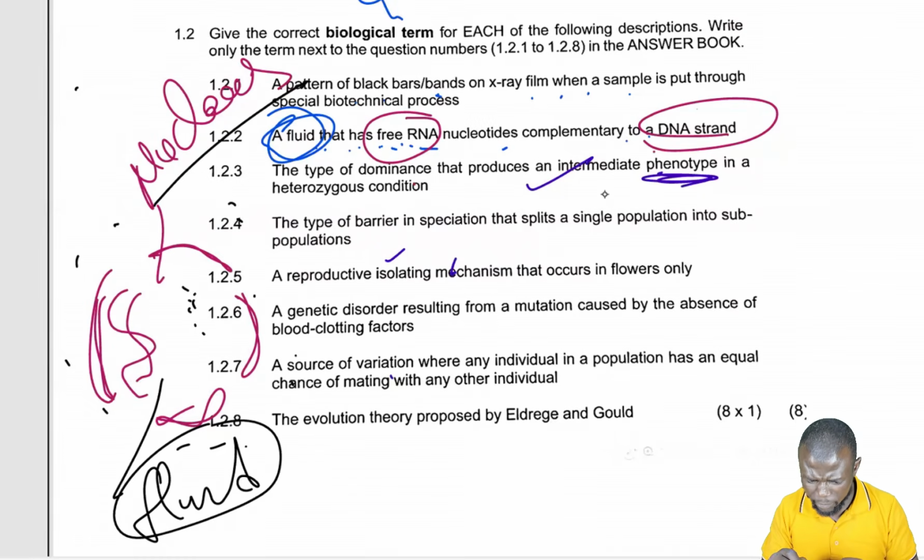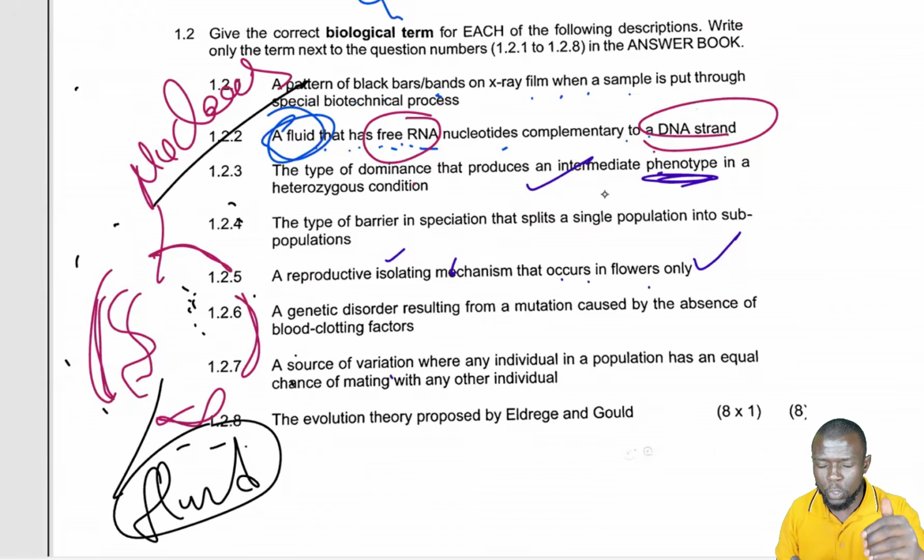Yeah, correct. A reproductive isolation mechanism that occurs in flowers only. Obviously, flowers carry out pollination. So you can say they are adapted to different pollinating agents.